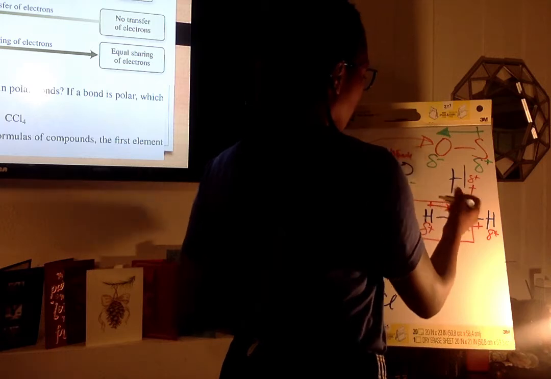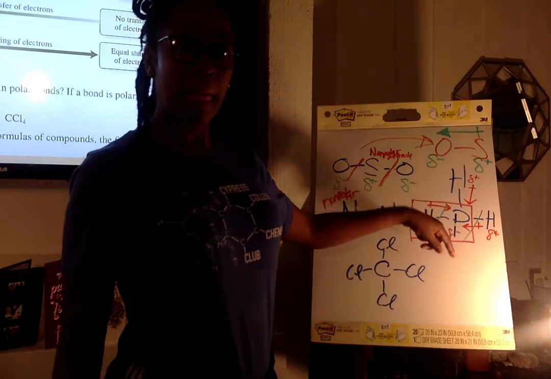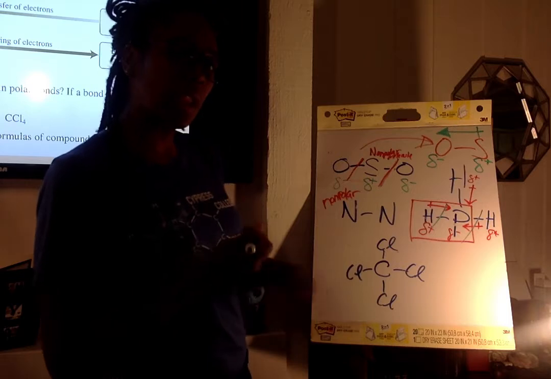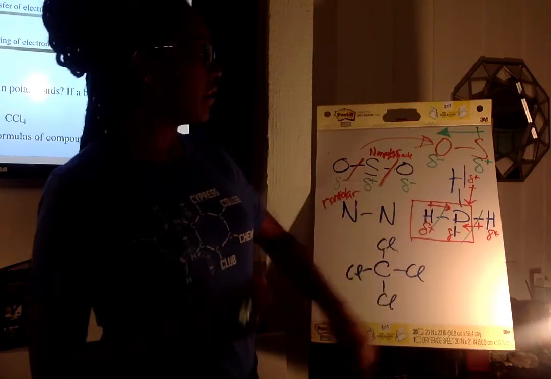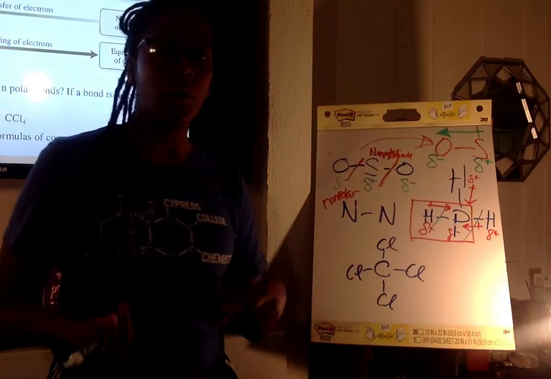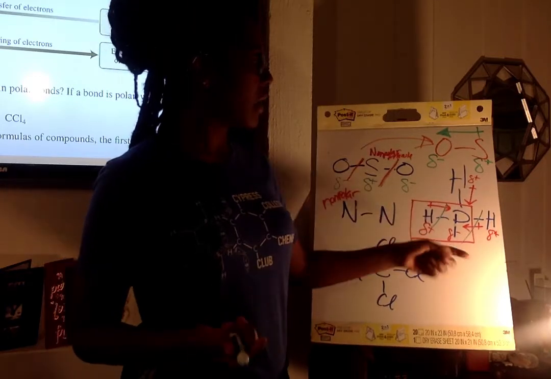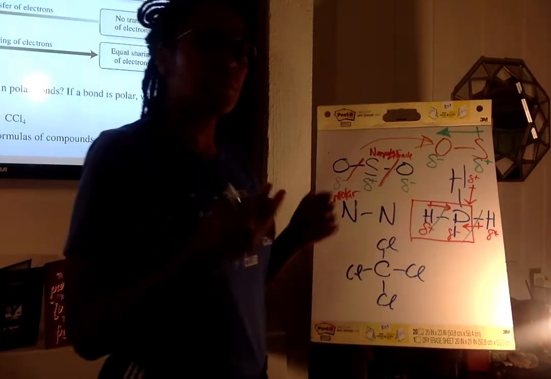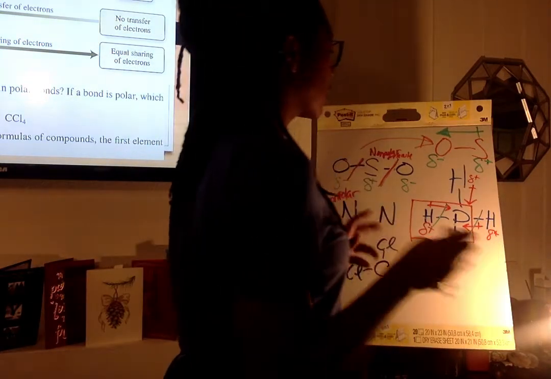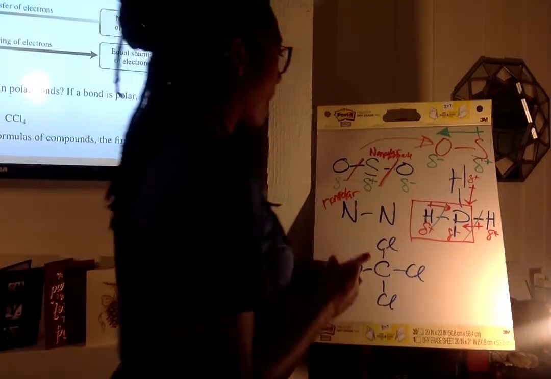These cancel each other out, but there's still a pull left. There's one bond that doesn't have something else to cancel it out, so this can be considered still polar, because there's still some sort of pull. It's not a very strong pull because hydrogen is really low in terms of electronegativity, but there still is a pull. So this would be considered polar.